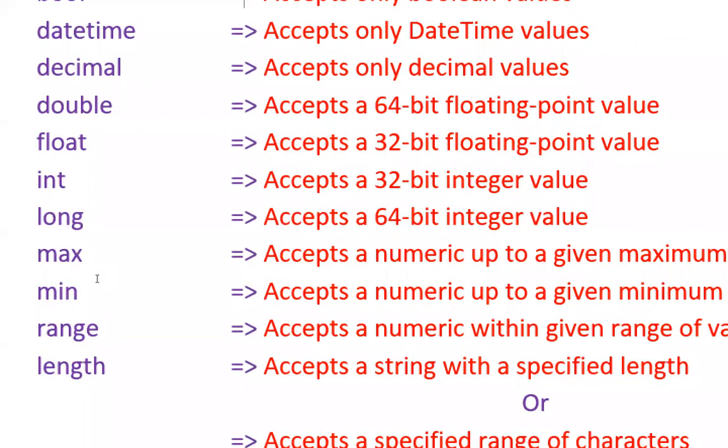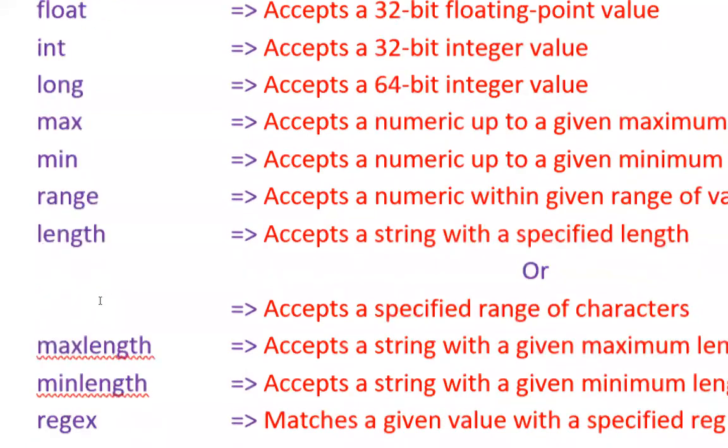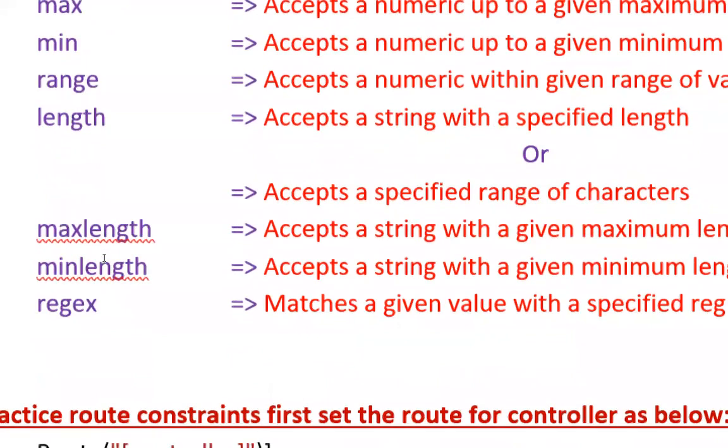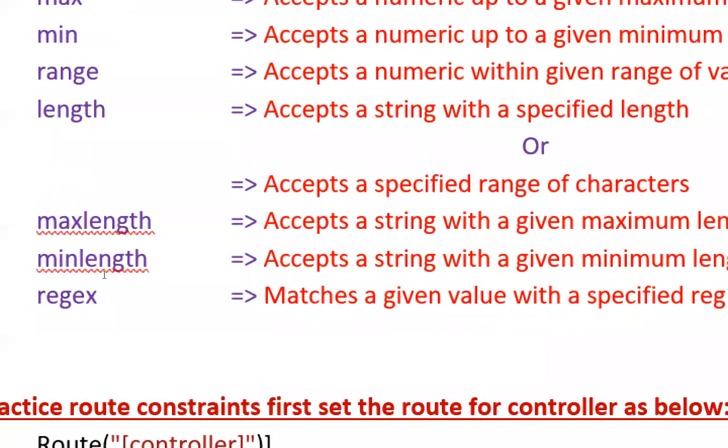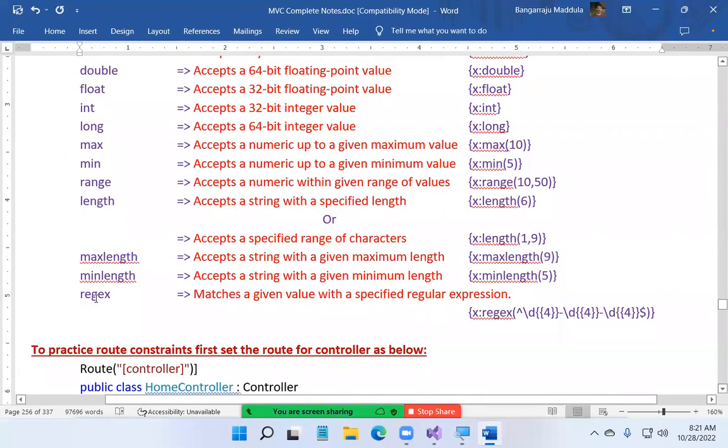You can specify the range of values. You can use it for string. For strings, we can use length. Next, max length, min length. Next, regex. All these can be used as route constraints here.